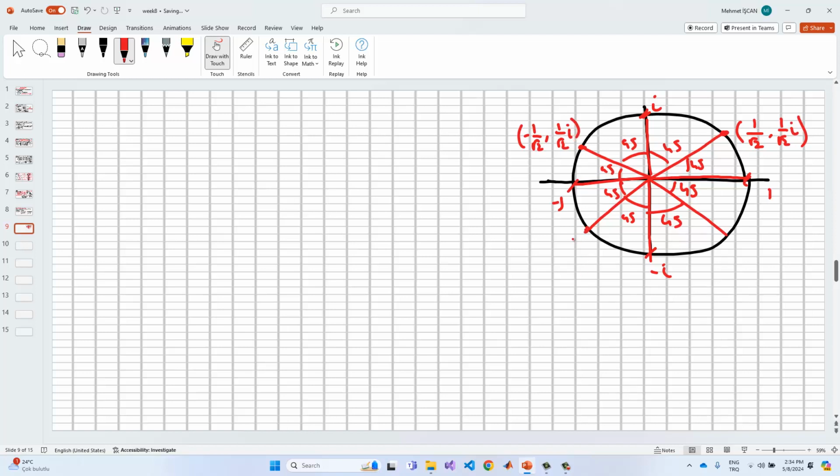What's the value of these terms? Minus i, right? And so what's the value of this term? 1 divided by square root 2 minus 1 divided by square root 2 i, right? So we can evaluate the 8 points in this DFT matrix, right? If we have 100 data, what's the value of these terms, or what's the splitting angle?